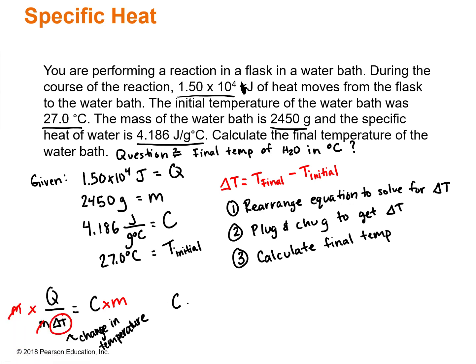So now we've got C times m is equal to Q over delta T. Now we're going to divide by delta T. Or excuse me, divide by Q. We're going to cancel those Q's out.